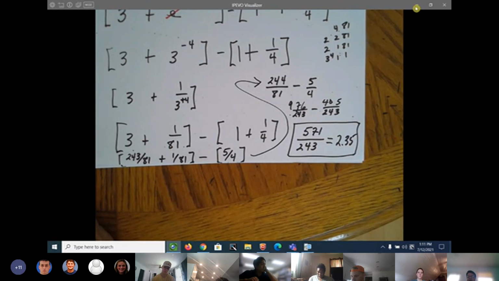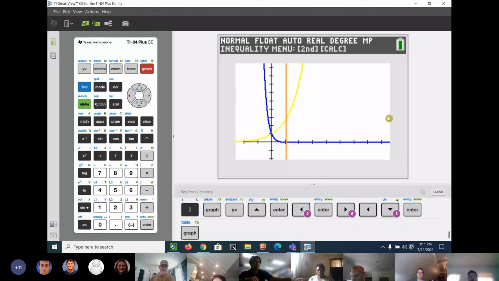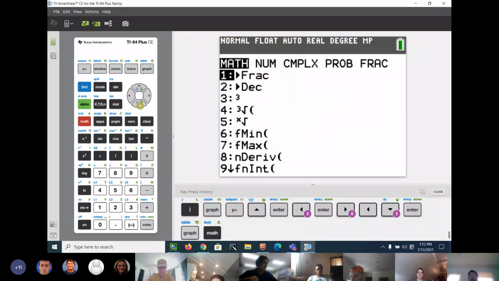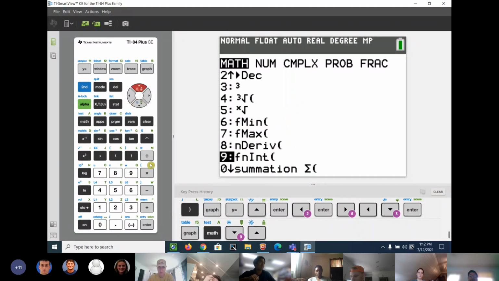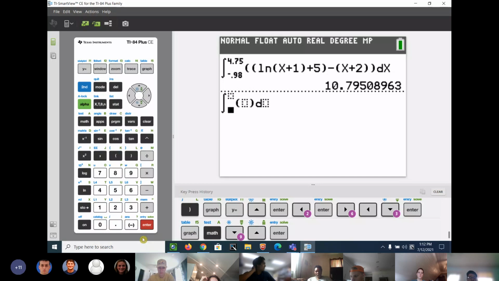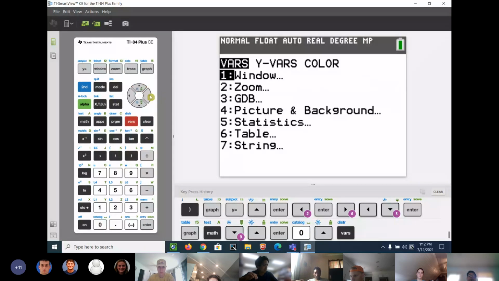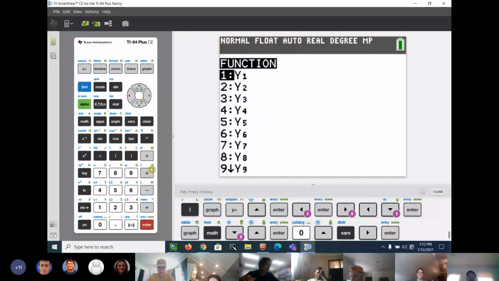Let's go to the handy dandy calculator and type in math, antiderivative. And we're going from 0 to natural log of 3. Go up here, hit vars, y vars, function. I believe that's y sub 3.